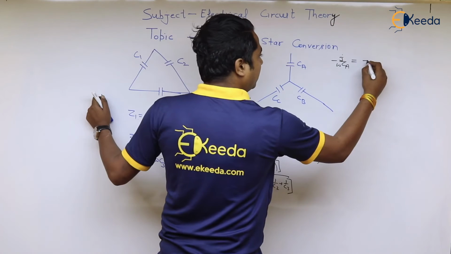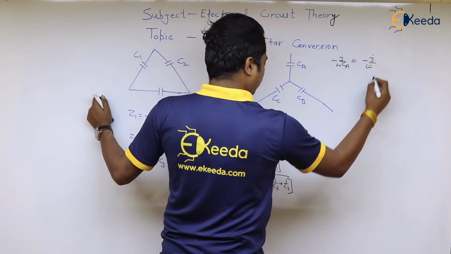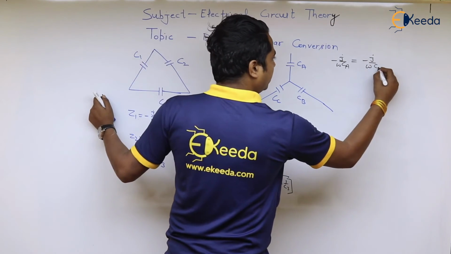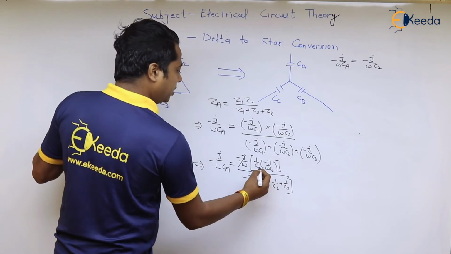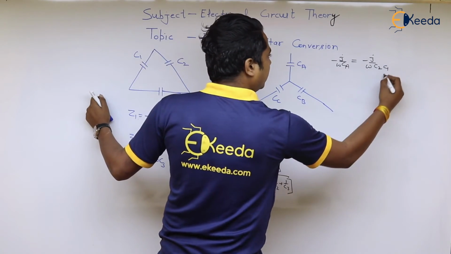We can write minus j upon omega C2 into C1.